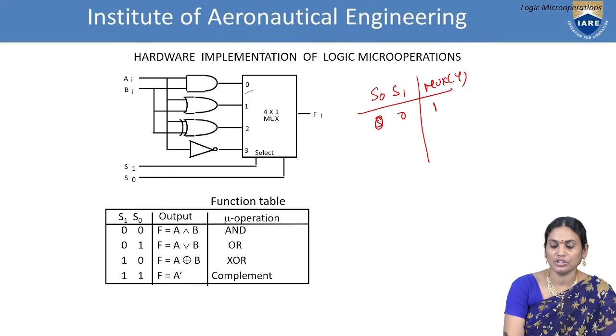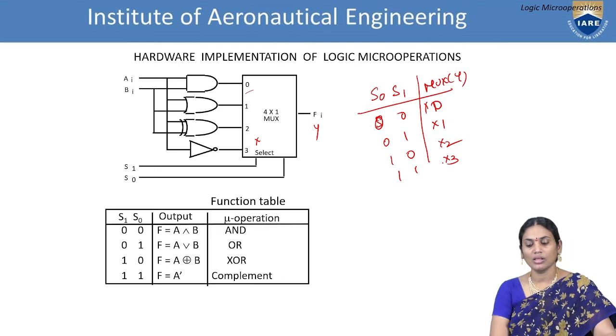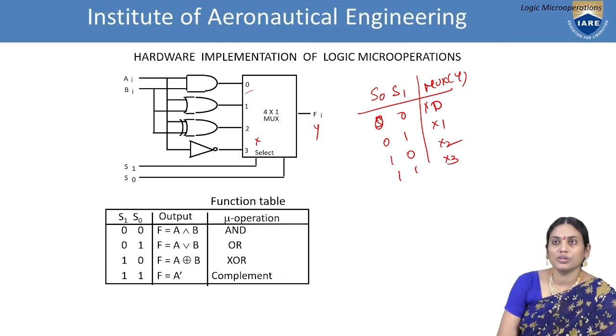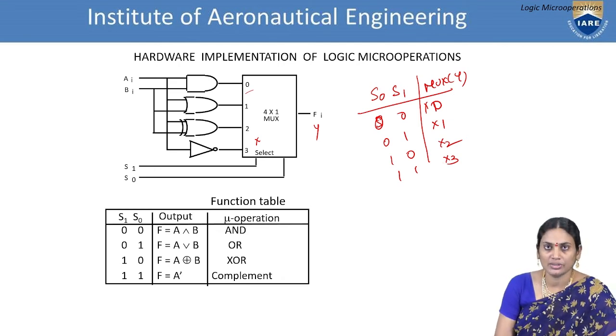That means the input 0 will be selected. If it is 0, 1, X1 will be selected. If it is 1, 0, X2 will be selected. If it is 1, 1, X3 will be selected. In this way you are performing the operations X0 to X3.